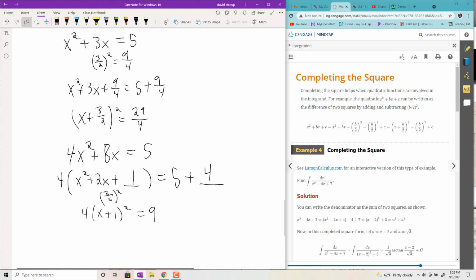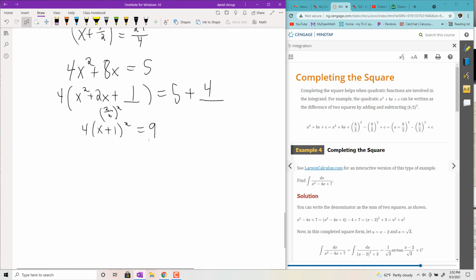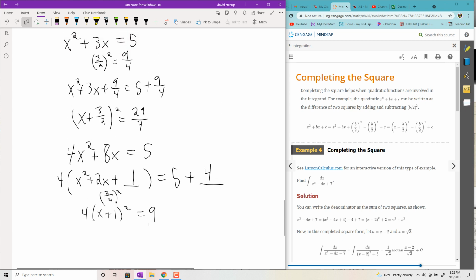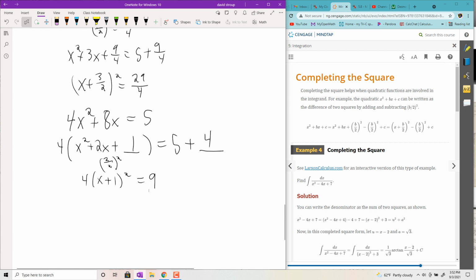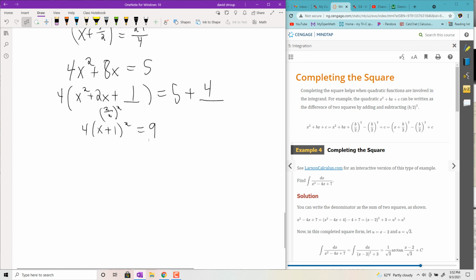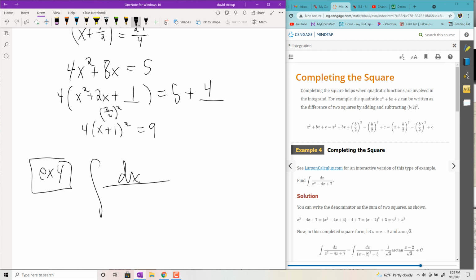Anyways, that's where you saw it back in pre-algebra or algebra. For us, it's a little bit different. In example 4, you have the integral of dx all over x squared minus 4x plus 7.